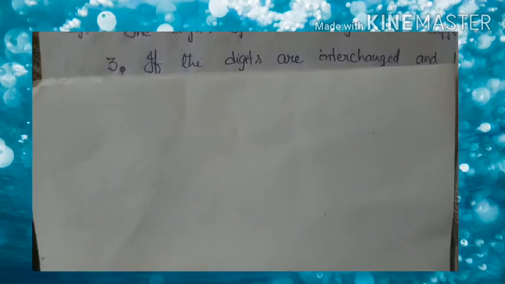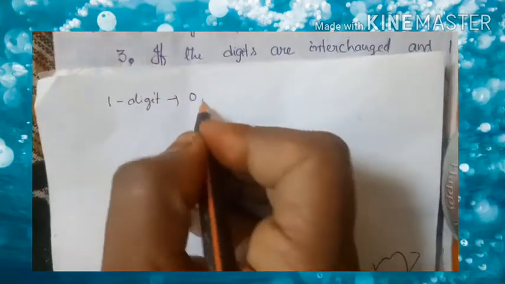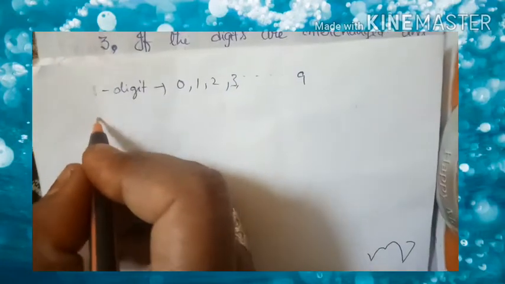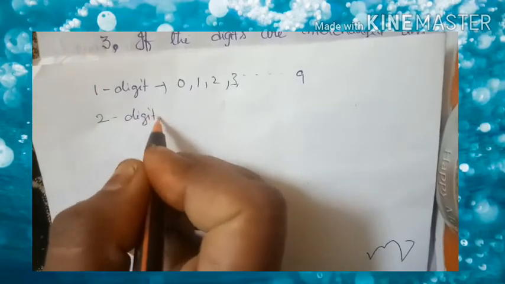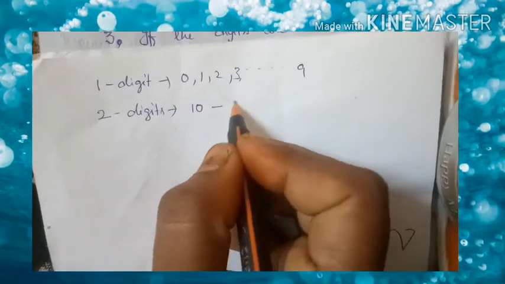Today we will continue the remaining sums. Okay? Tell me, one digit numbers. One digit numbers are 0, 1, 2, 3 and so on up to 9. Yes? Two digit numbers, that is, lies between 10 and 99.